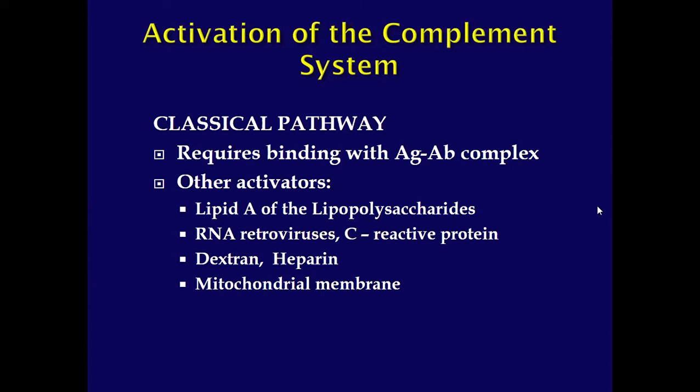However, there are also other activators of the complement system. We have the lipid A of the lipopolysaccharides that are associated with microorganisms, the RNA retroviruses, the C-reactive proteins, dextrans, heparin, and even mitochondrial membranes. They may also act as a source of activators.